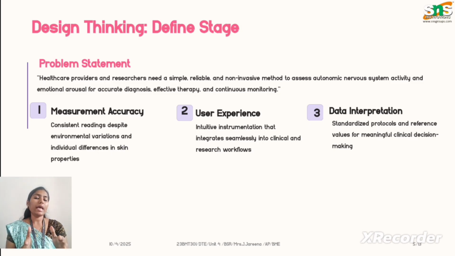Finally they came up with one problem statement. There is a need for a simple, reliable, non-invasive method to assess autonomic nervous system activity and emotional arousals, in order to have accurate diagnosis, effective therapy, and continuous monitoring. So here comes the solution, that is BSR, basal skin resistance.